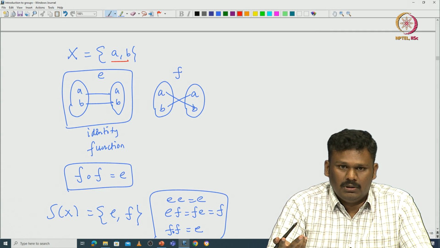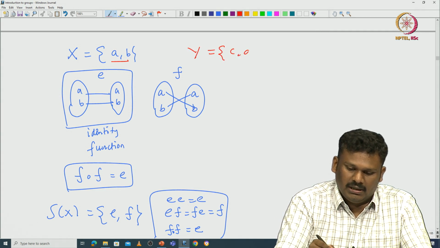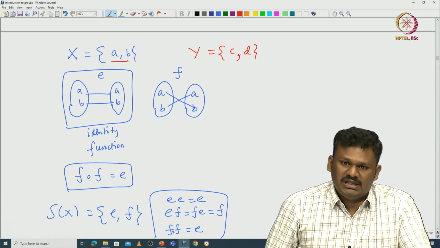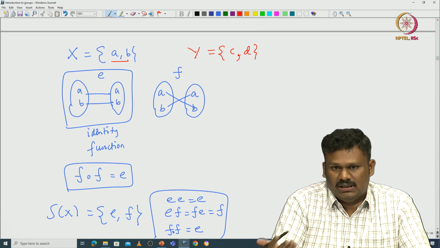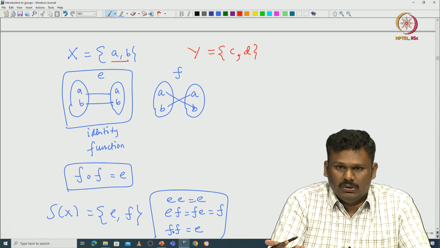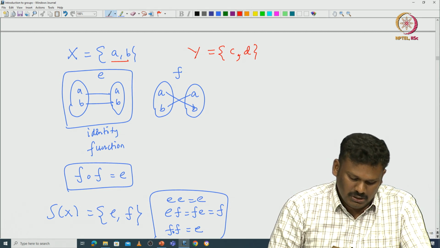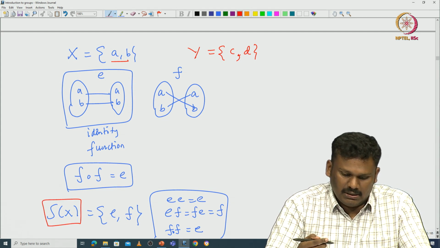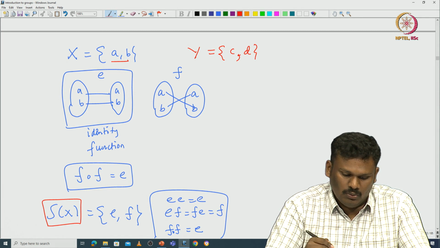If you think about some other set, let us call it Y, containing C D, what will happen to this S of Y? There is a natural identification of S of X and S of Y. The way the elements of S of X act has nothing to do with the actual elements of capital X. All that matters is the positions.